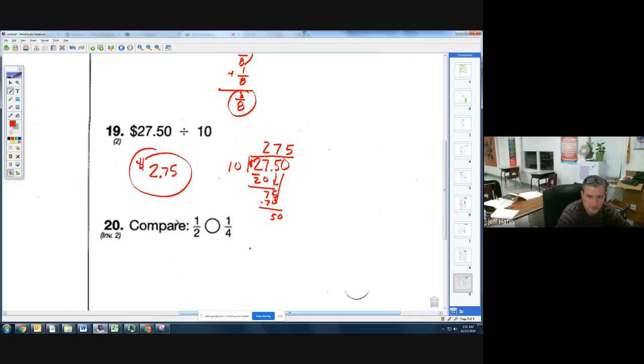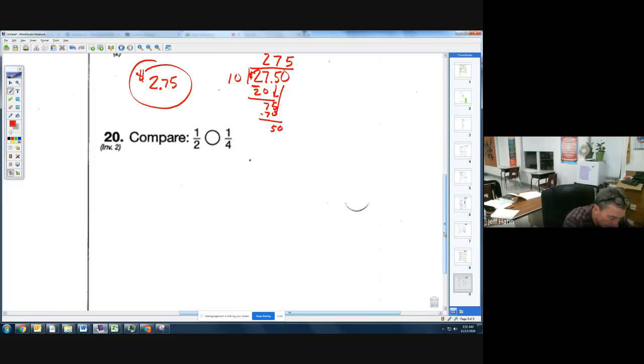And last but not least, when we're comparing the fraction 1/2 to 1/4, again, a couple different ways you could do this. You could draw your rectangles and compare. 1/2 looks like this. 1/4 looks like this.